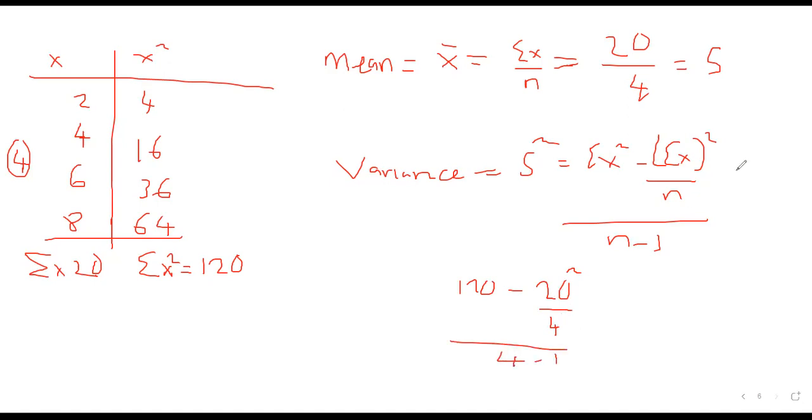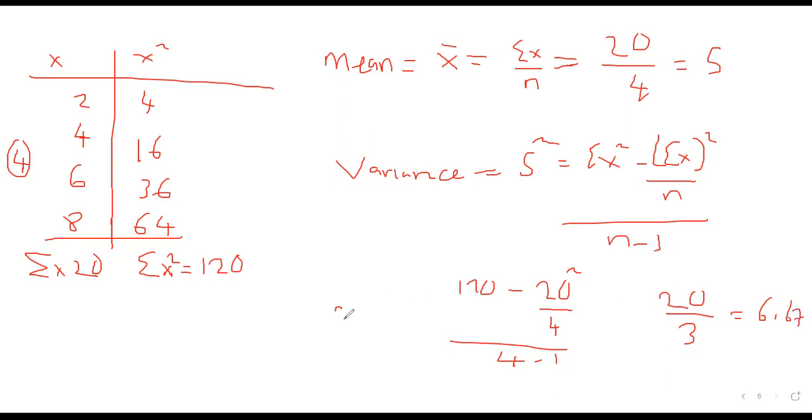So you need to take note that this in brackets is different from this big figure here. So 20 squared is 400. 400 divided by 4 is 100. So 120 minus 100, we get a 20 there. 4 minus 1, we get a 3. So when you divide that, the variance will be 6.67.